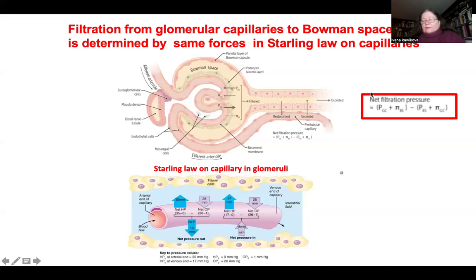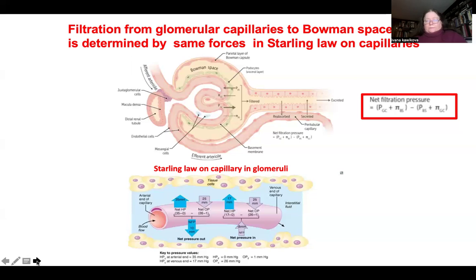So the net filtration pressure is a result of these outward forces, glomerular capillary pressure and oncotic pressure in Bowman space, minus hydrostatic pressure in Bowman space plus oncotic pressure in the glomerular capillary.